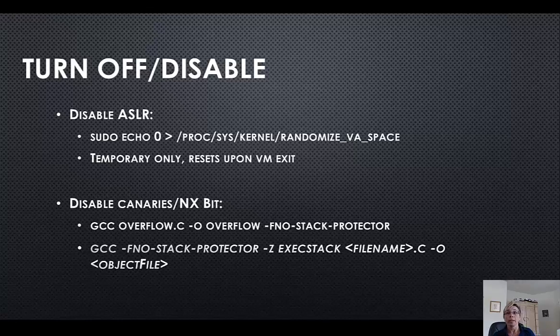You can also disable canaries and NX bits by basically turning off that technique. When you go to compile your code, you can use a particular option that will turn that function off.